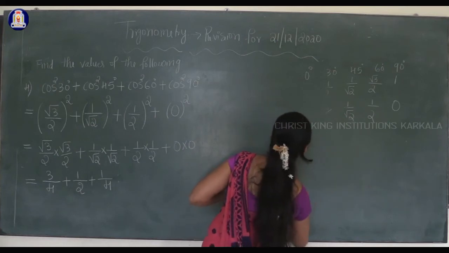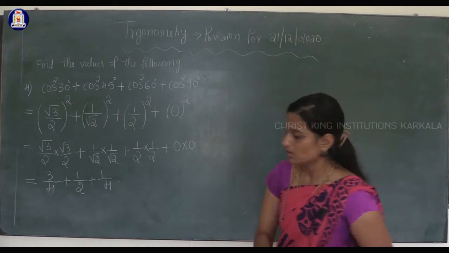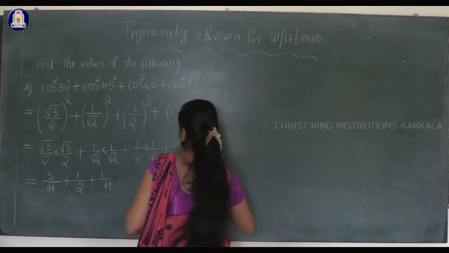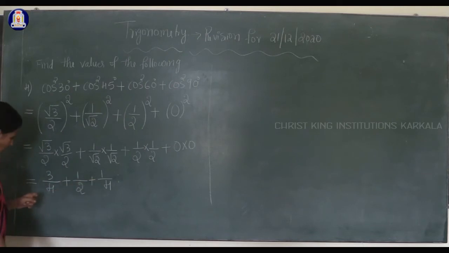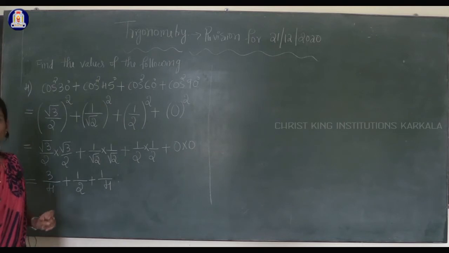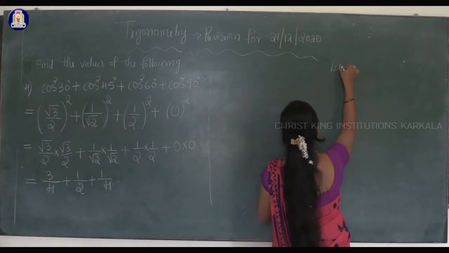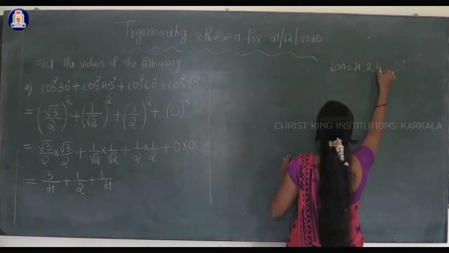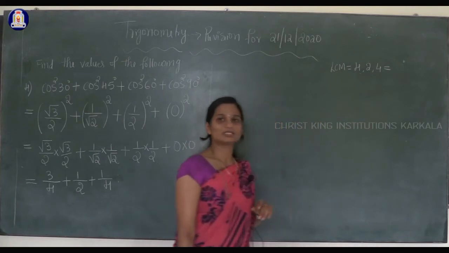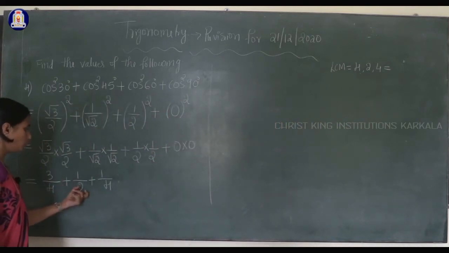It is 3 divided by 4 plus 1 by 2 plus 1 by 4, which means addition. See, the denominators 4, 2, 4 are different, right? If the denominators are different, take the LCM. So what is the LCM of the denominators 4, 2 and 4?